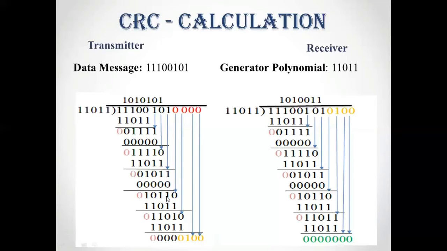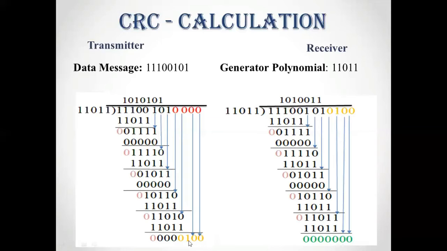To make this equal length, I insert 0 and perform the XOR operation. Finally we get 0 1 1 0 1 0. If this bit is 1, I multiply it with the generator polynomial and get 1 1 0 1 1. Then 1 1 is 0, 1 1 is 0, 0 0 is 0, 1 1 is 0, and 0 1 is 1.